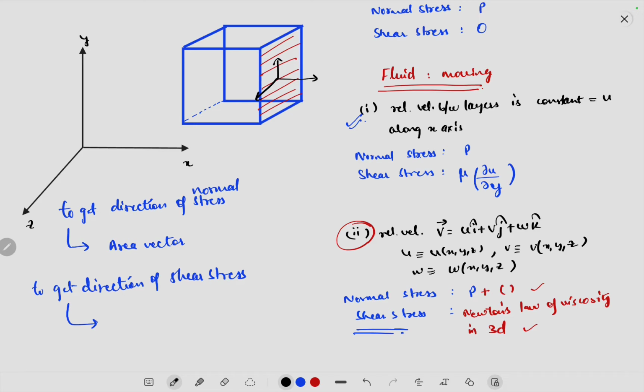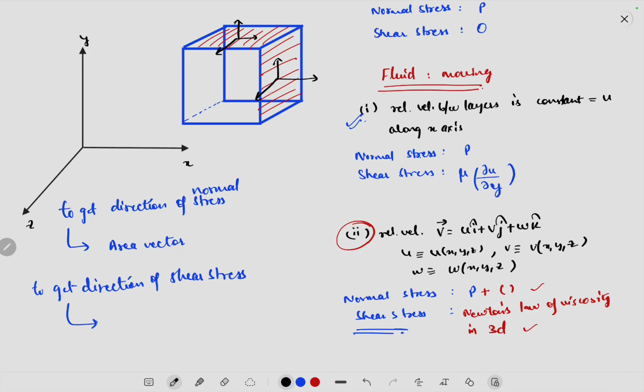Similarly, if I consider this surface, the stress there will be directed along x, along y and along z. Actually I should say the stress, not the shear stress, because some components will be part of the shear stress and this will be the normal stress.